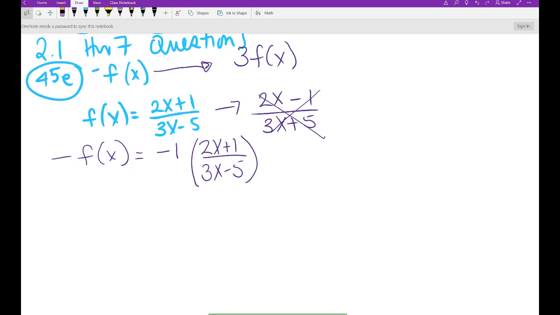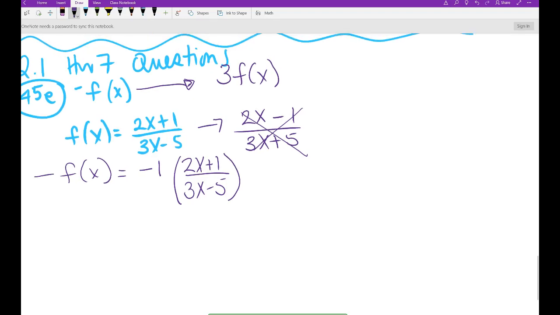Across, right? But negative 1 is not a fraction yet. How do you make any whole number into a fraction? Just put it over 1. So when you multiply across, only the top gets the negative 1. That gives you negative 2x minus 1 all over the bottom.